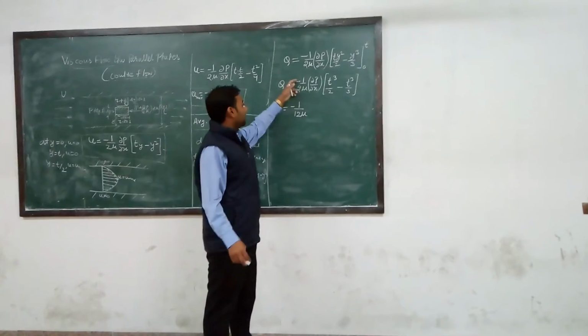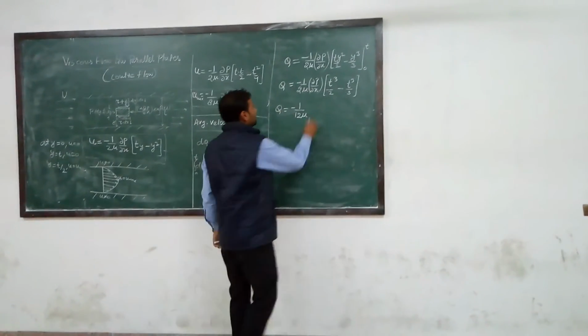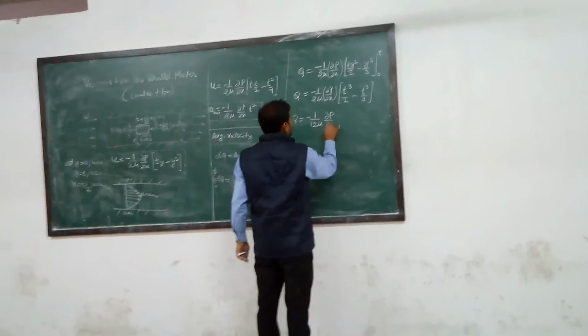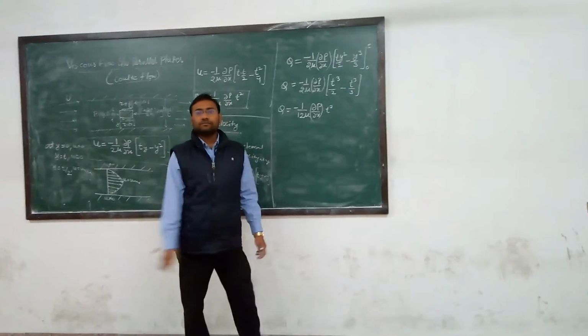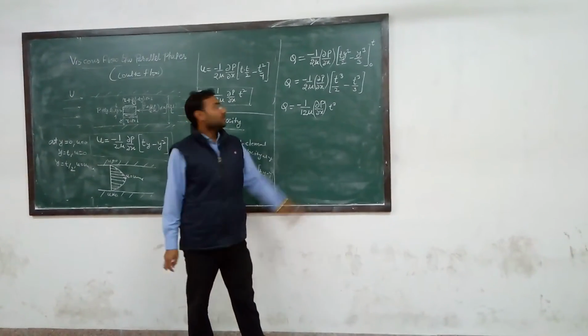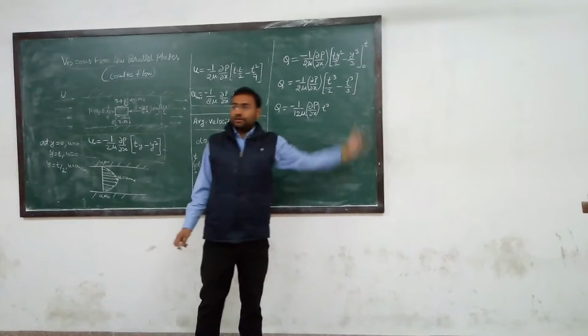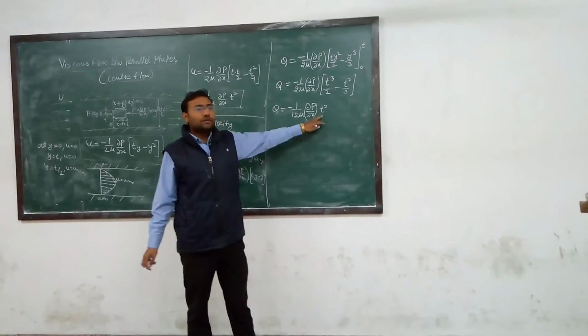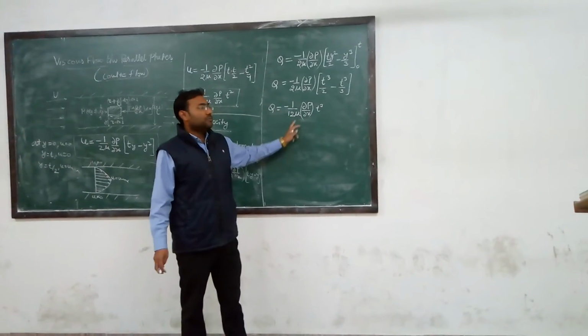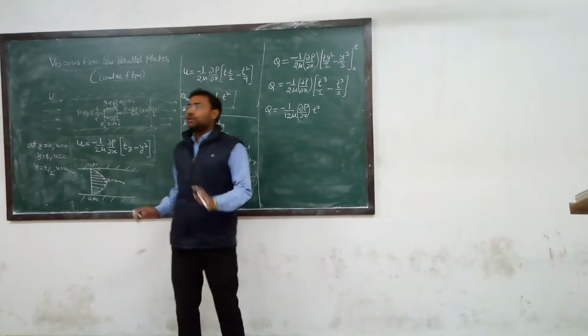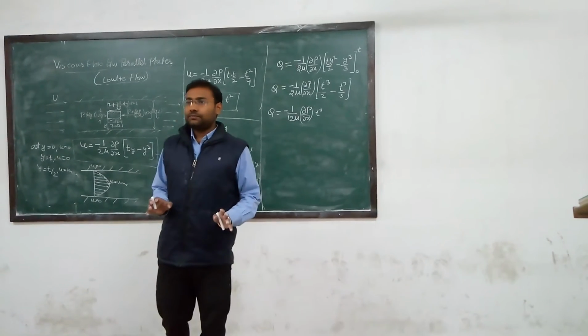So it will become -1/(12μ) ∂p/∂x t³, since 3t³ minus 2t³ leaves a single t³. This is the discharge, -1/(12μ) ∂p/∂x into t³. This is the value of discharge.